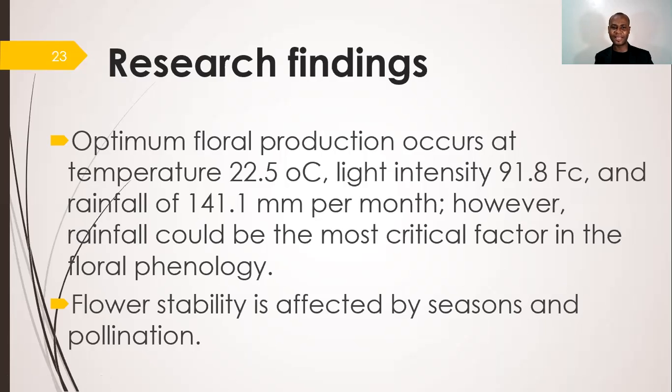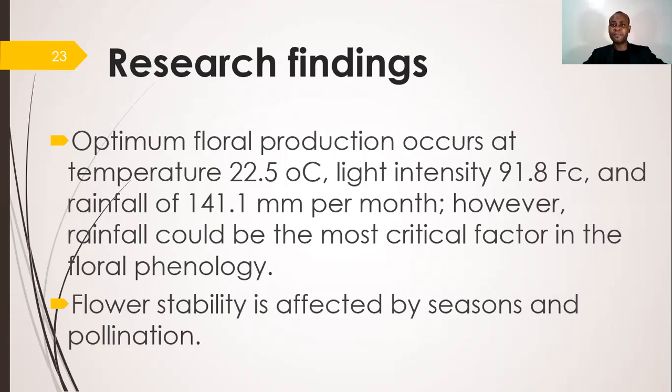So flower stability is usually affected by seasons and pollination. So here the point is there are other factors that could affect flower production, okay, like temperature. So if temperatures on your farm are higher, maybe like 28 degrees, 30 degrees, then flower production will be affected, okay?